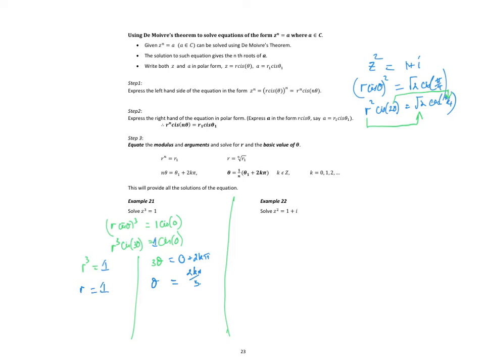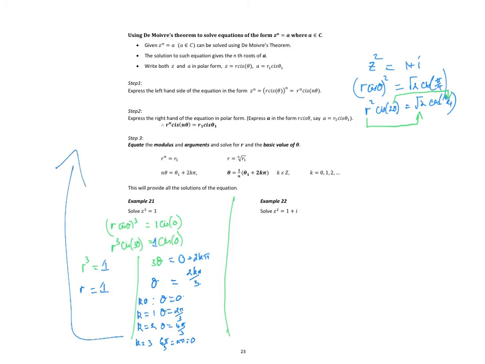If I put k equal to 0, I get theta equal to 0. If I put k equal to 1, I get 2 pi on 3. If I put k equal to 2, I get 4 pi on 3. If I put k equal to 3, I would get 6 pi on 3, which is 2 pi, which is back to 0 again. So I start repeating my solutions.